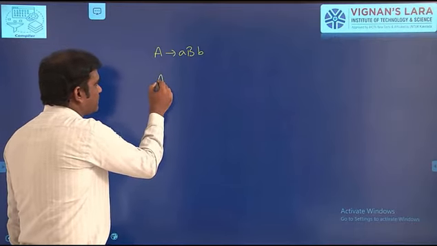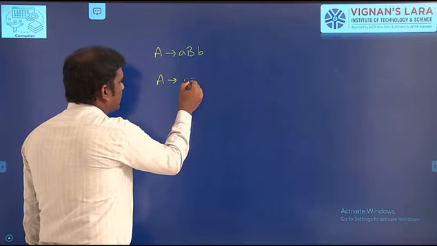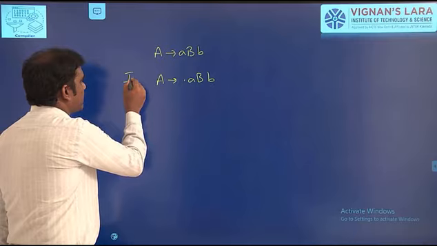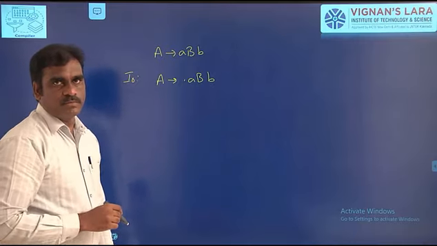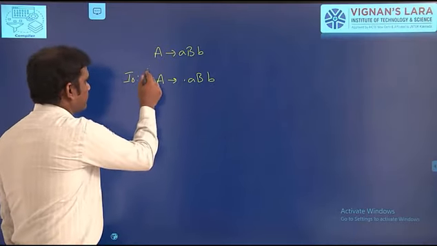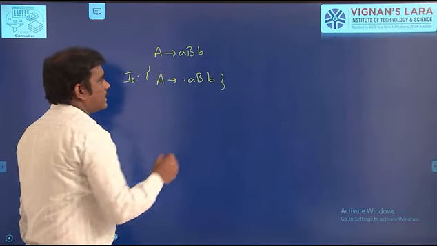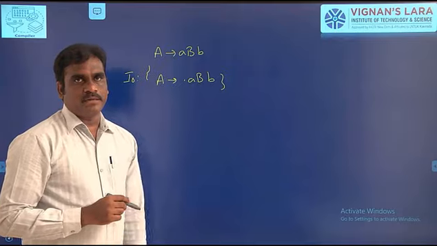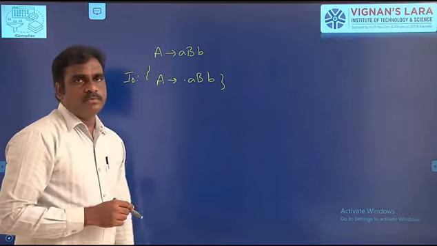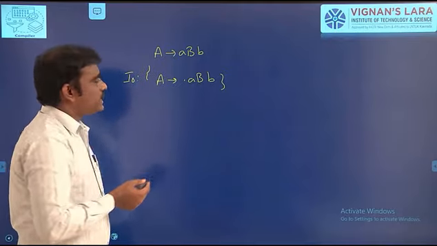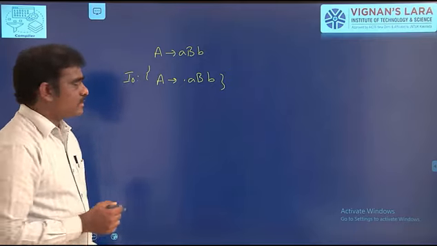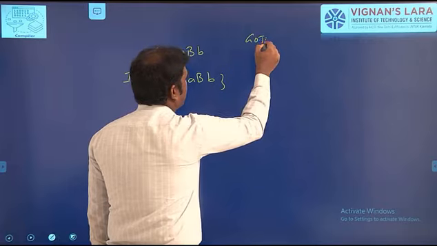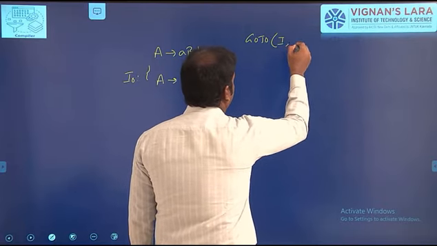The first step is A → ·ABB, and we call this item number 0, I0. Now our intention is to move the dot to the right-hand side. How will it be moved? With the help of the goto operation. Goto takes two parameters as input: one is I, the second one is X.